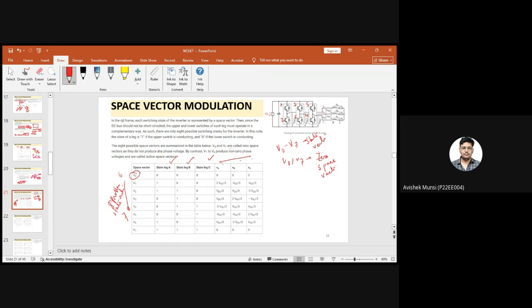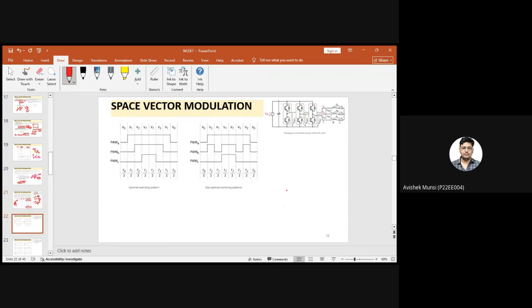Because at V0 we have VA, VB, VC as 0, and at V7 also we have VA, VB, VC as 0. But in case of V1 to V6 they are not 0, so V1 to V6 are called non-zero space vectors. So why are we discussing this? Because we prefer to use space vector modulation in case of the matrix converter.